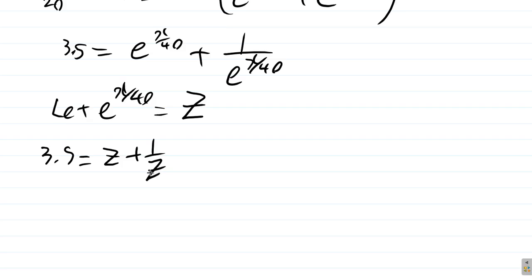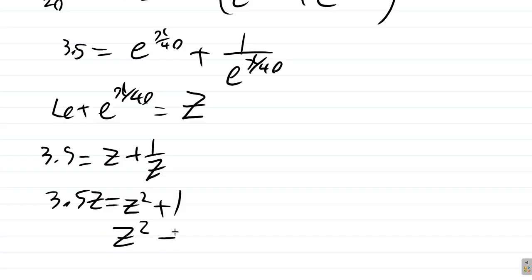If you multiply both sides by z, you get 3.5z equals z squared plus 1. If you subtract 3.5z from both sides, you can say z squared minus 3.5z plus 1 equals 0.